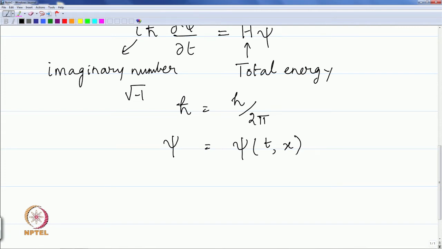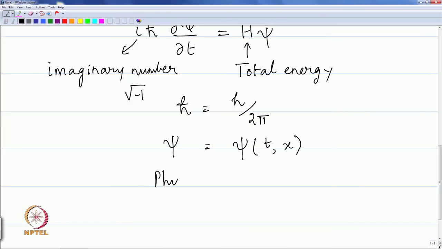The x here represents position in one-dimensional motion, but if the motion happens in 3 dimensions, it is a function of all 3 positional coordinates of the system or the particle, and also a function of time. Schrodinger proposed this wave function, and then when the question was asked what this wave function means, even he had difficulty explaining the physical property or the physical characteristics of the wave function.